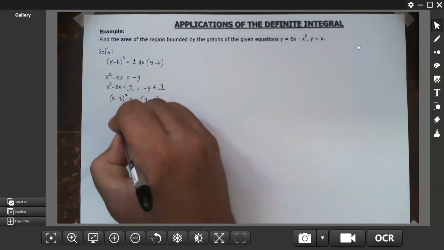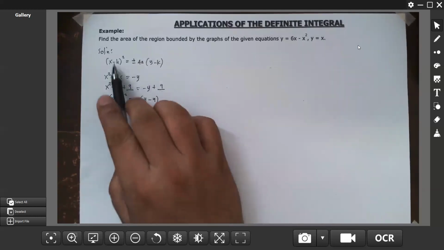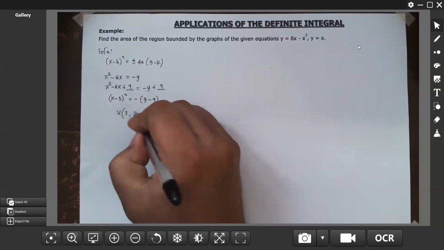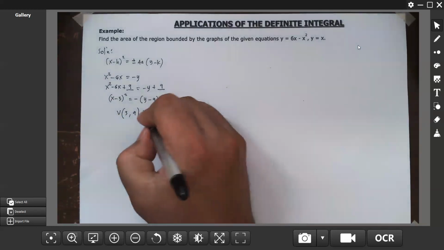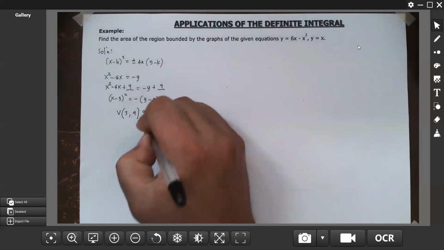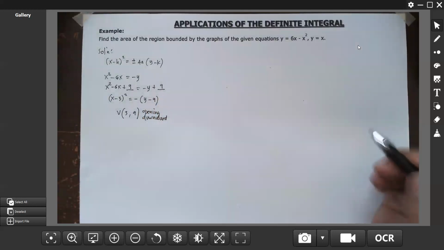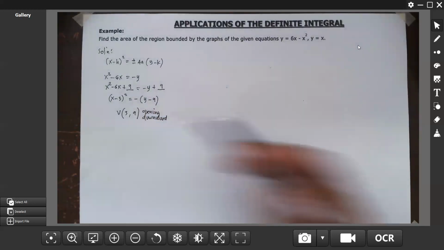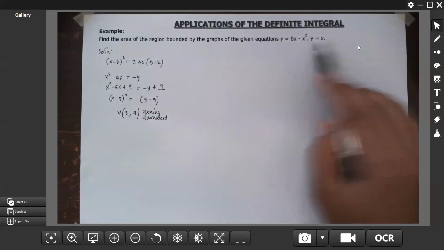Therefore, the vertex of the parabola is at 3, 9. Opening downward because of the negative sign.